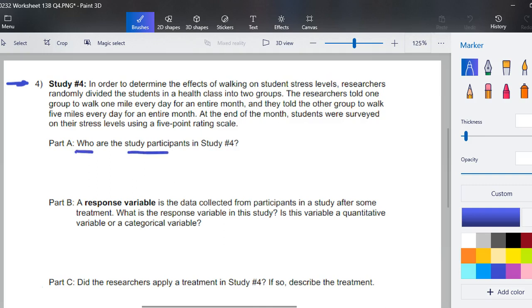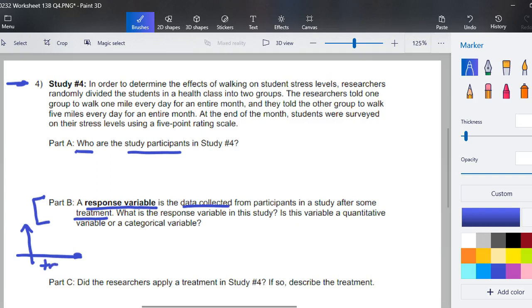Again, it wants to know who are in the study. And then, here's going to be another word to tab, another word to put on your glossary or flashcards. A response variable is the data collected from participants in the study after some treatment. So I'm going to go over here and even draw an XY coordinate plane.